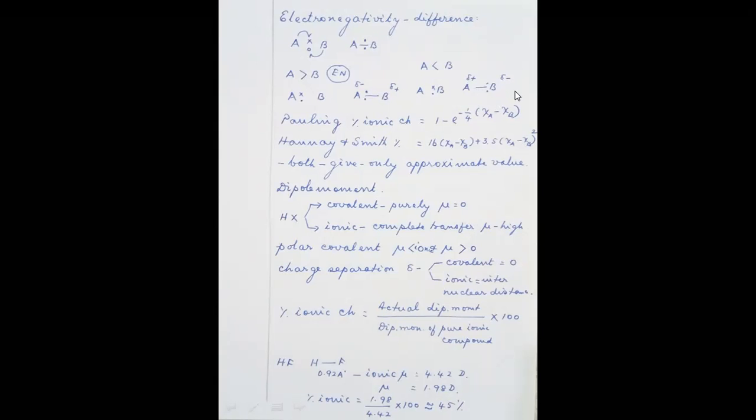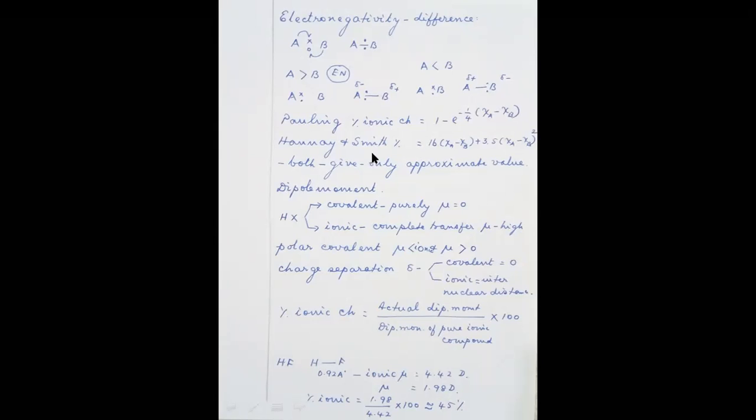So, having this idea in mind, Pauling and Hannay and Smith proposed some empirical formulae. Pauling's empirical formula is: percentage of ionic character equals 1 minus e to the power minus 1/4 (chi A minus chi B) whole square, where chi A and chi B are the electronegativities of A and B respectively.